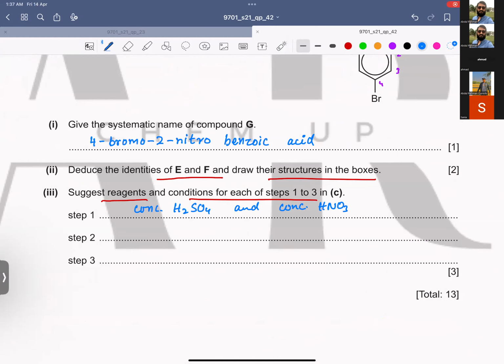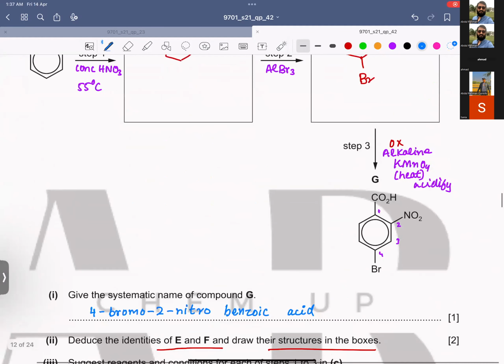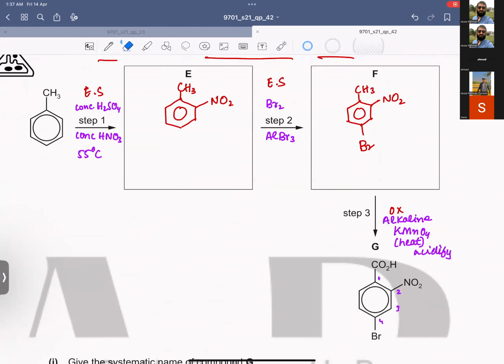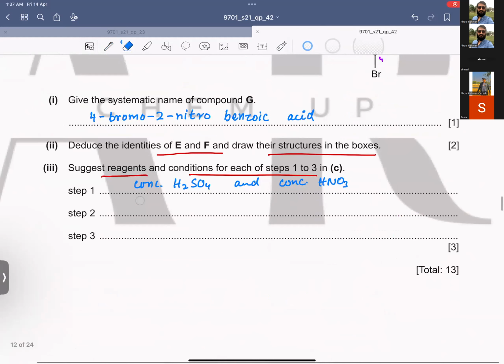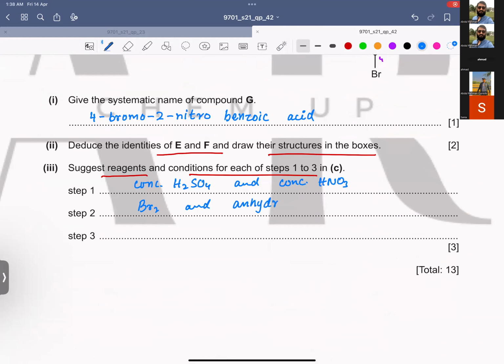In step 2, the reagent is bromine and the condition is anhydrous AlBr3.